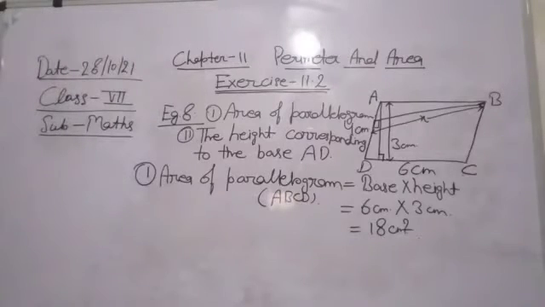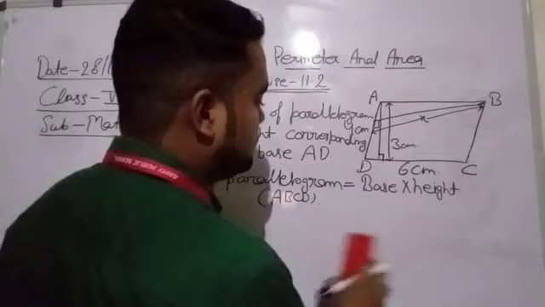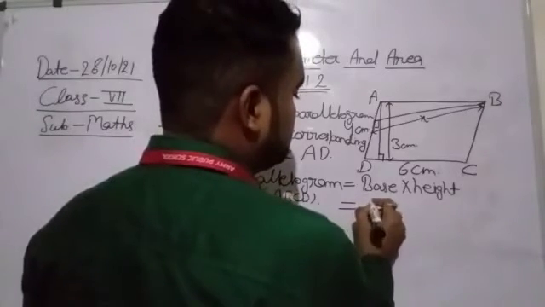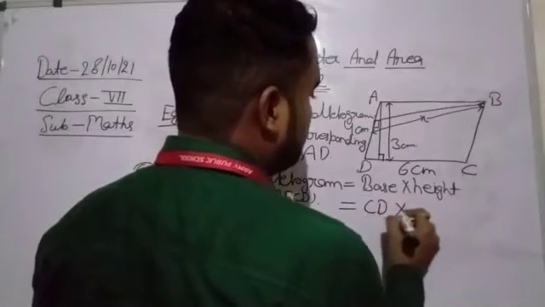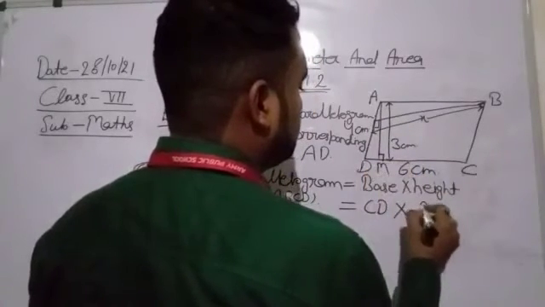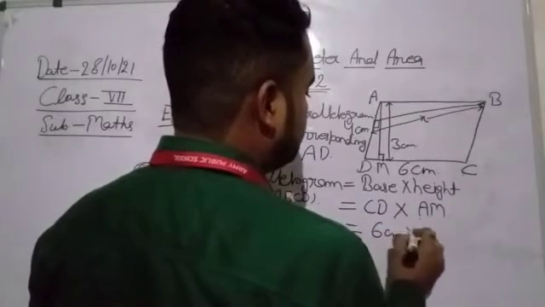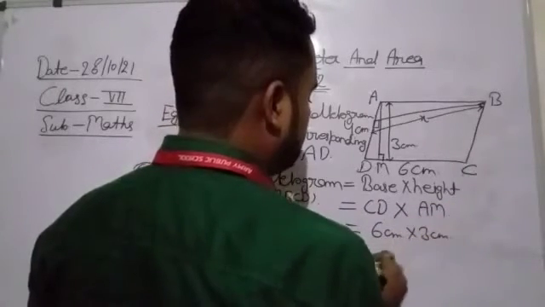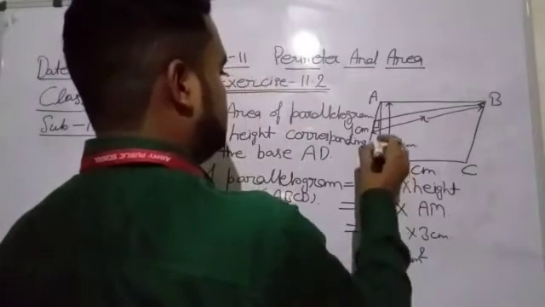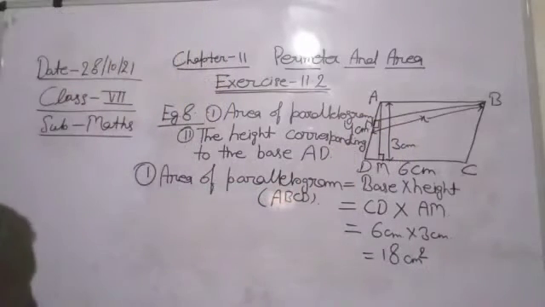If you want to specify it, you can write base as BC and height corresponding to it as AM. So 6 centimeter into 3 centimeter, that is 18 centimeter square, and this is of BN.